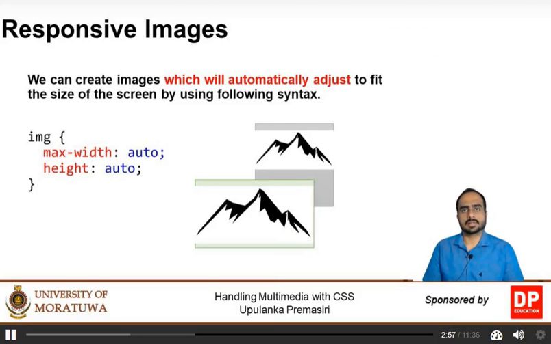The ability to adjust according to the screen size is known as responsiveness. We can make images responsive to any screen by setting the width and height property to auto. Let's try out this example code.